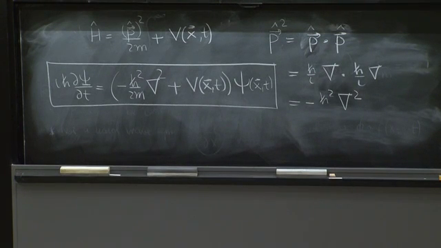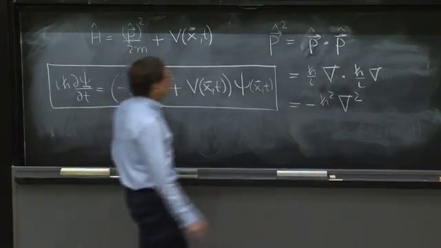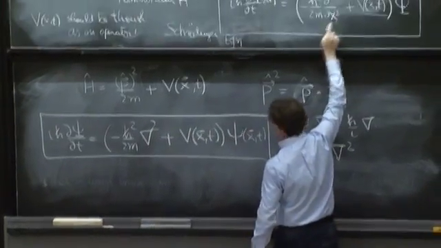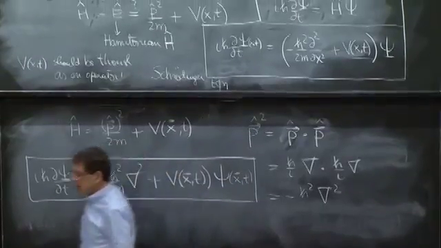So it's not a new invention. If you invented the one-dimensional one, you could have invented the three-dimensional one as well. The only issue was recognizing that the d second dx squared now turns into the full Laplacian, which is a very sensible thing to happen.